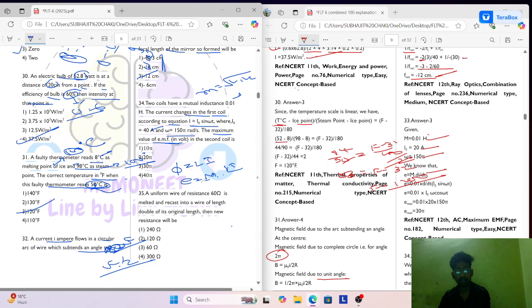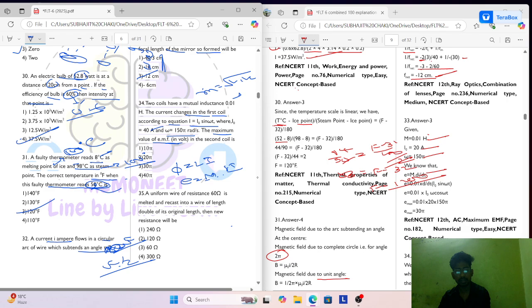A uniform resistance wire is recast into a wire of double its length. So you know R is proportional to L square as the volume of the wire remains unchanged, right? So R1 by R2 will be equal to L2 square by L1 square, that is, 2 square means 4.